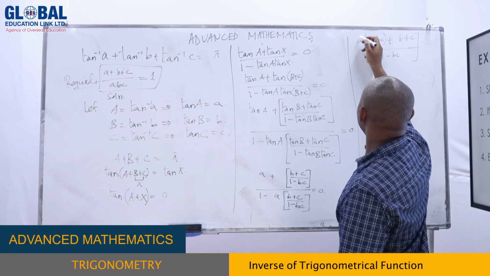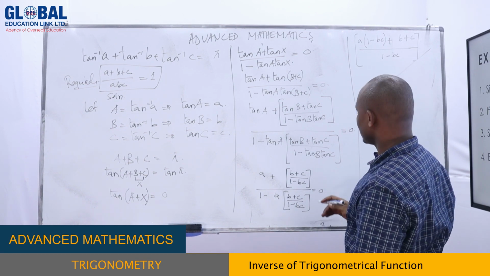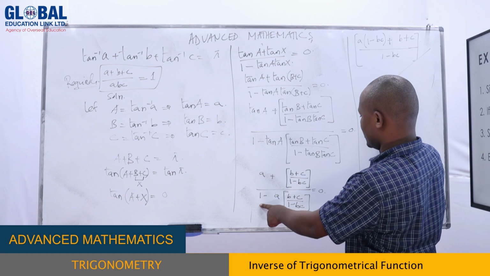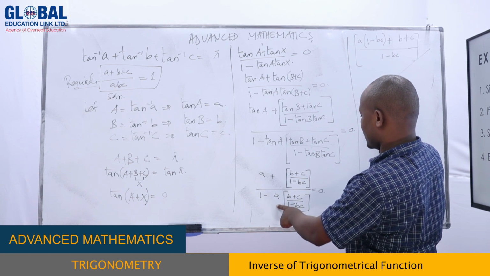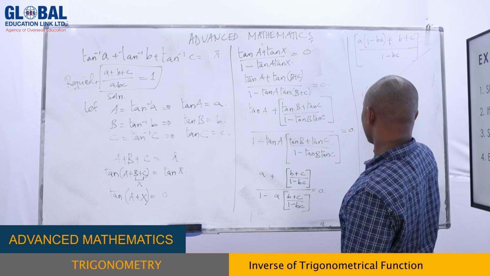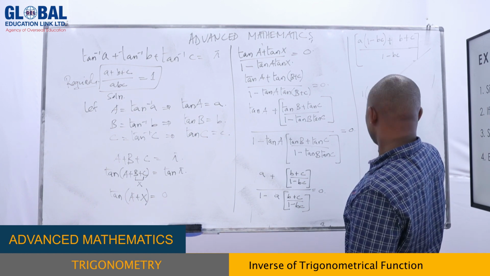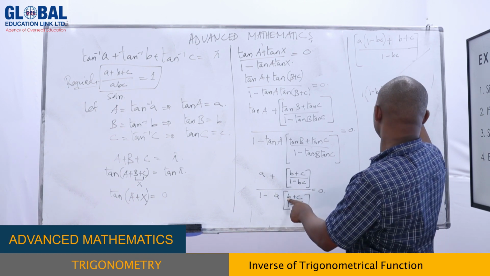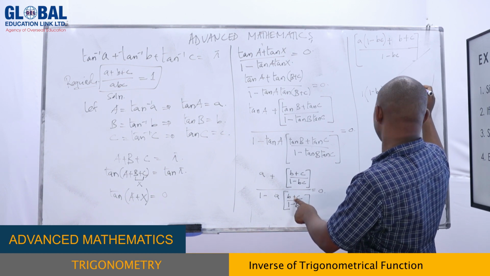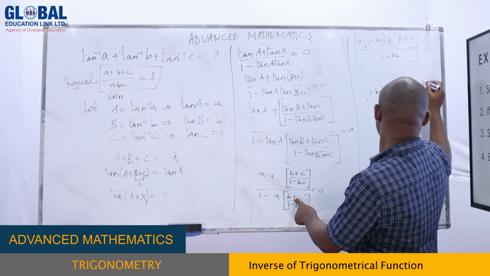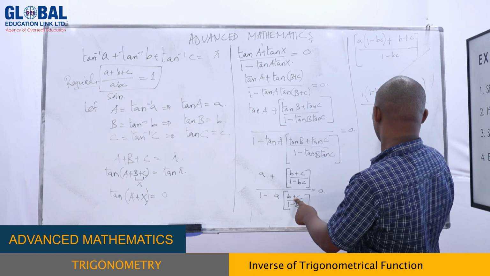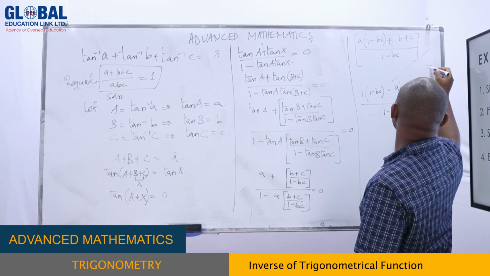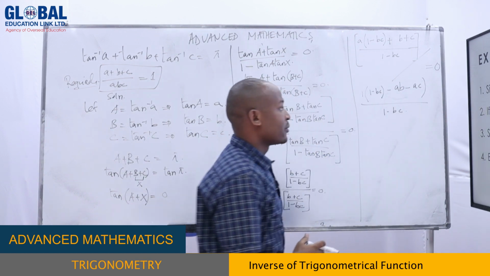Then all of that is divided by 1 multiplied by, if we open the brackets, 1 minus BC minus A times B, which is AB, then minus AC, and all of that is over 1 minus BC. And all of this, we are told, is equal to 0.